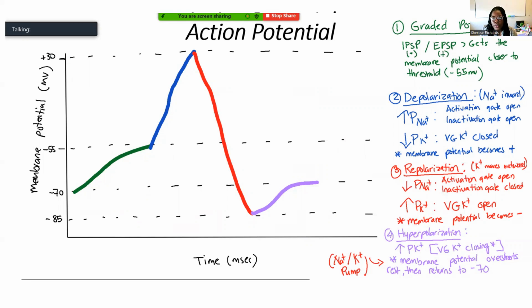EPSP is an excitatory postsynaptic potential. So it's just a way for us to further describe the graded potentials. And we'll talk about what those are when we look at the synapse in our next unit. All right, so IPSP, inhibitory postsynaptic potential, EPSP, excitatory postsynaptic potential.